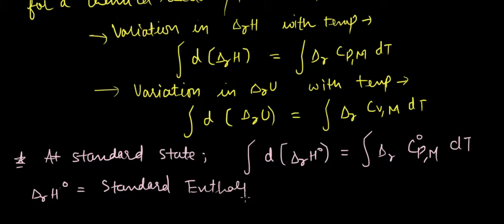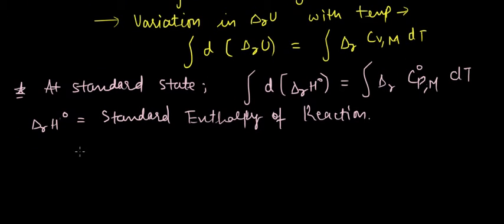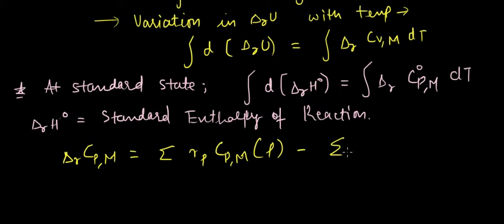Now we can write that delta r CPM would be equal to the summation of nP CPM of products minus the summation of nR CPM of reactants.